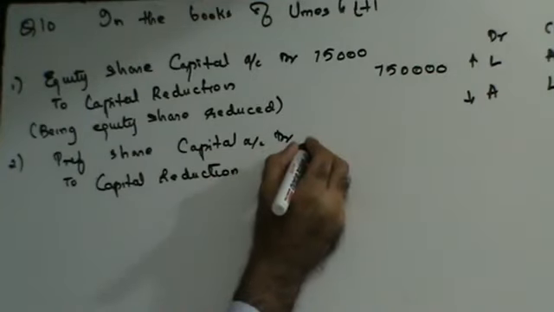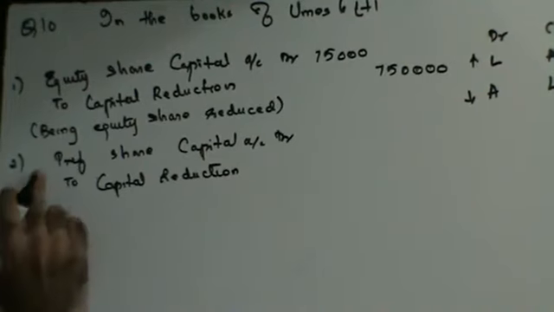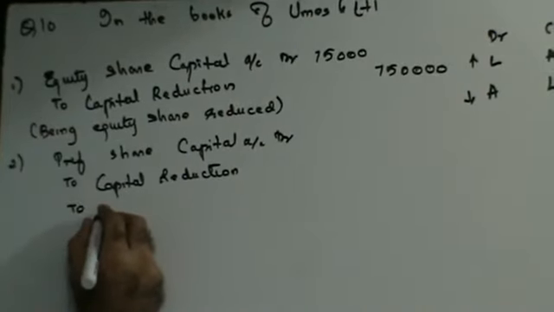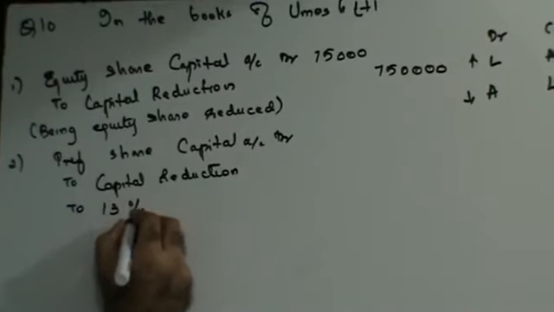Preference share capital account debit. They are saying that preference shares are to be converted to 13% debentures with regards to 80% of the dues. Debit what comes in, preference shares are coming in, and instead of that, you are going to be issuing new 13% debentures. Debit what comes in, credit what goes out.